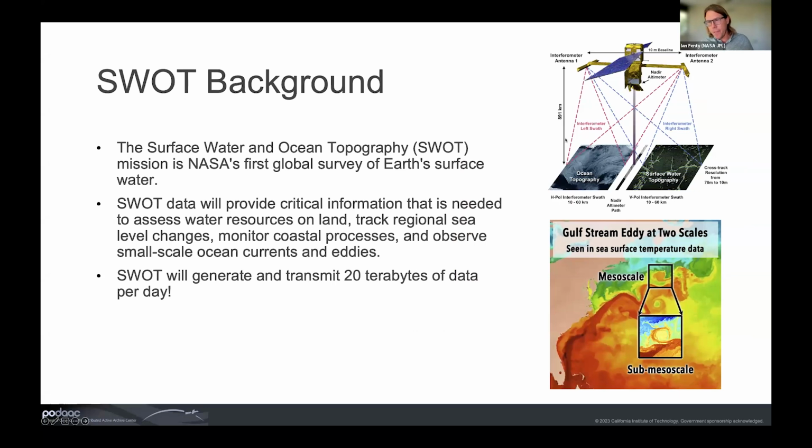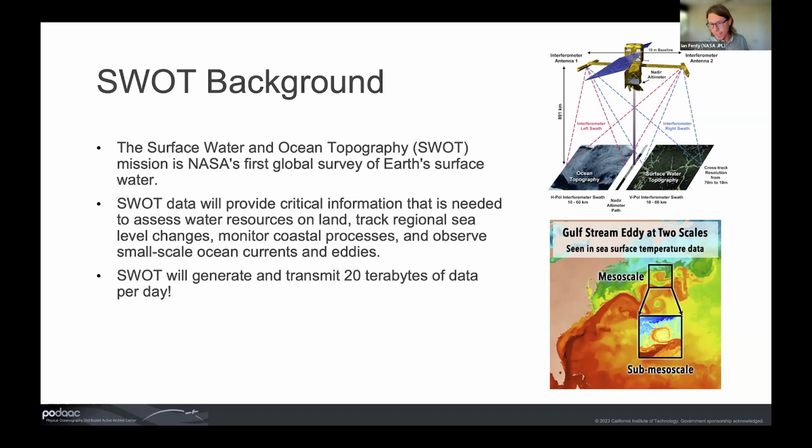Very briefly, the SWOT altimeter is NASA's first global survey of Earth's surface water. So it's surface water ocean topography. I'm an oceanographer by training, so the ocean topography part is the part that motivates me the most. I can think about what to do with it most easily, but a lot of Arctic work has to do with hydrology, and so many of you are probably familiar with the potential of SWOT to advance your science.